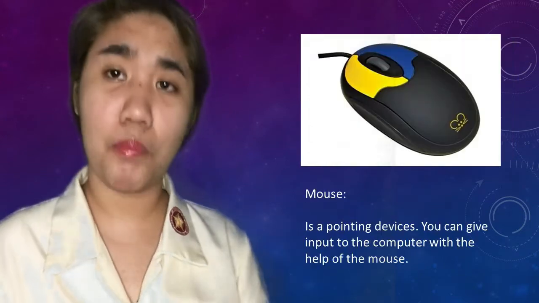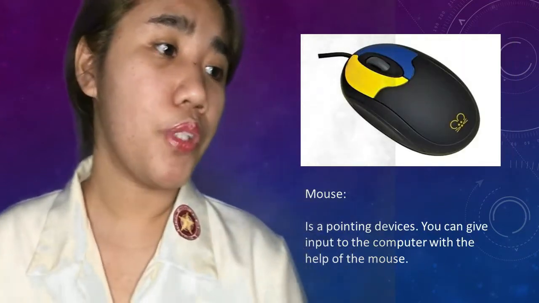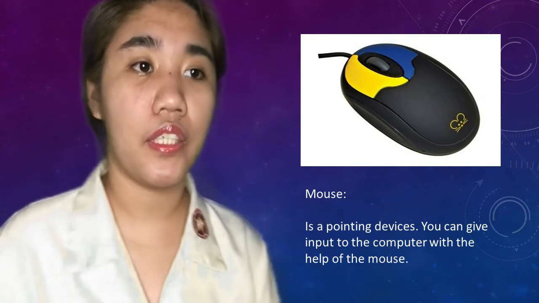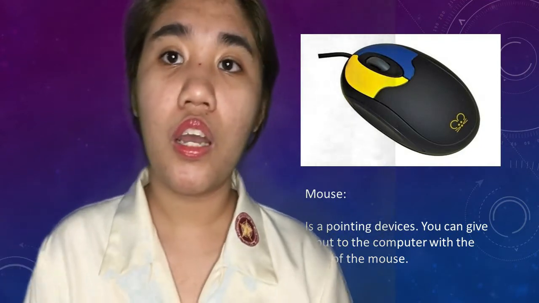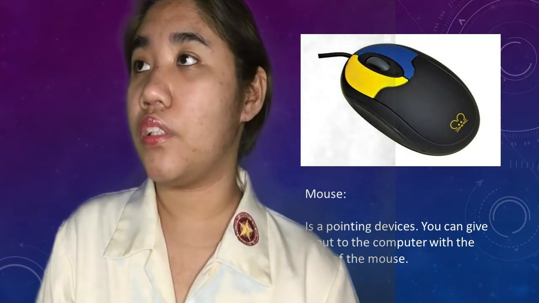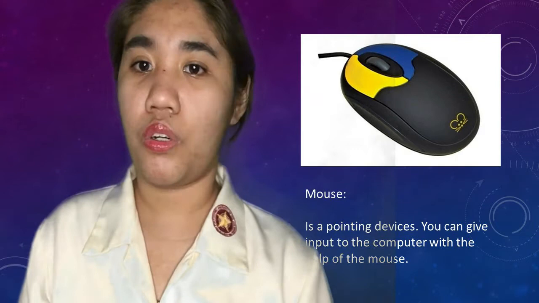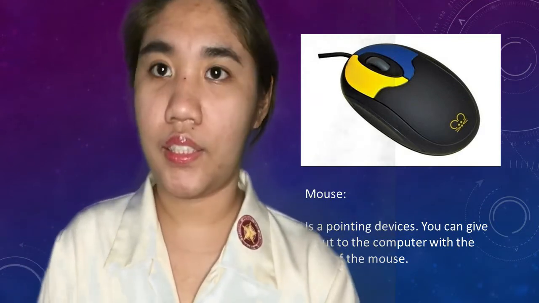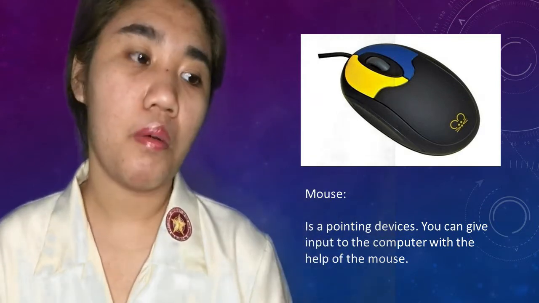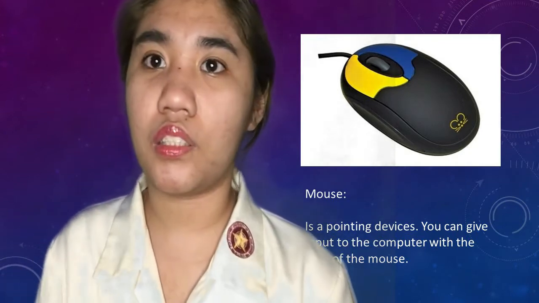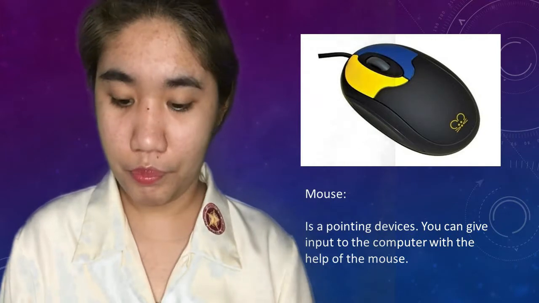And second is the mouse. We use the mouse to navigate icons, to click icons, to give direction to icons. We do a lot using the mouse. We can draw using the mouse or click whatever we want. The mouse is very powerful. Without a mouse, you can't do anything on a computer.